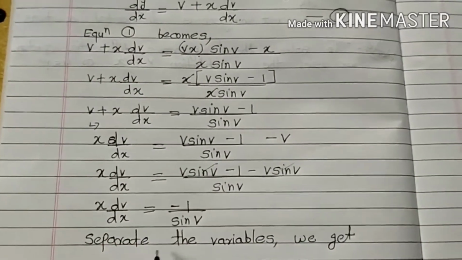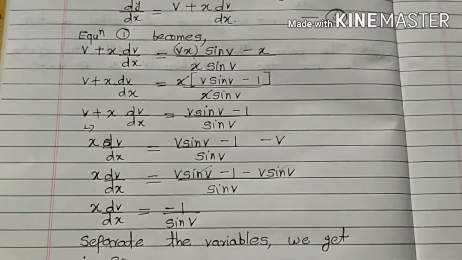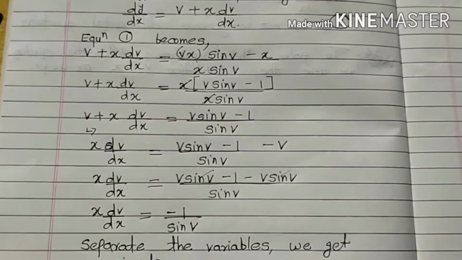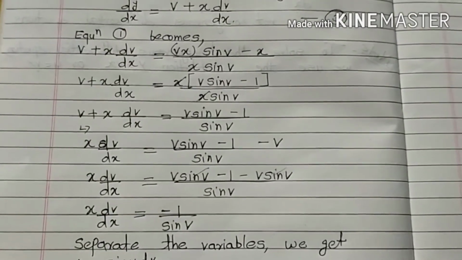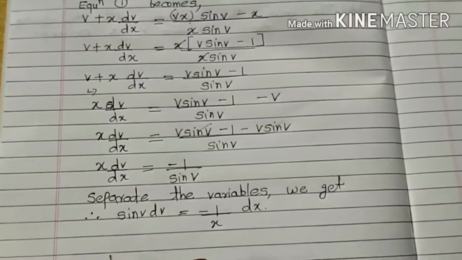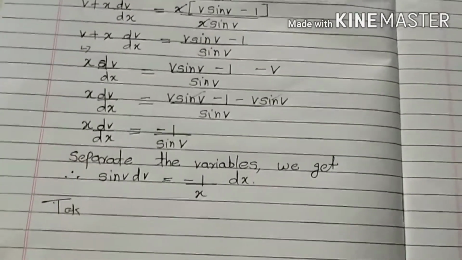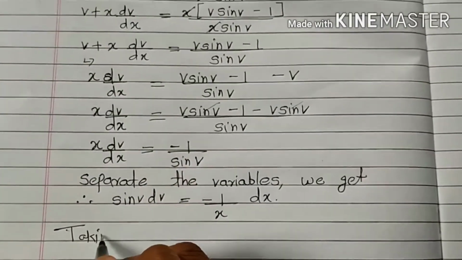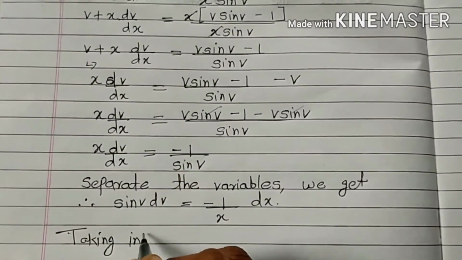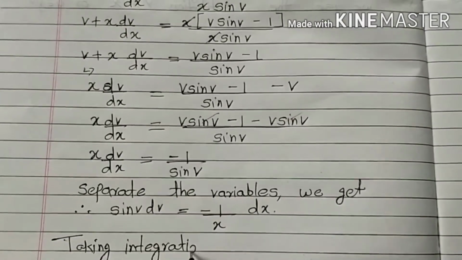Here is the term of sin v, therefore sin v dv is equal to minus 1 upon x dx. Now integrating, taking integration on both sides.